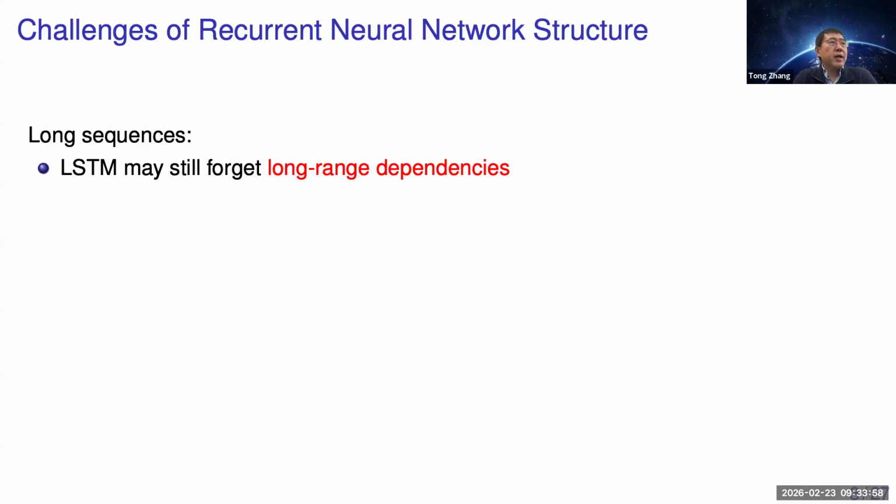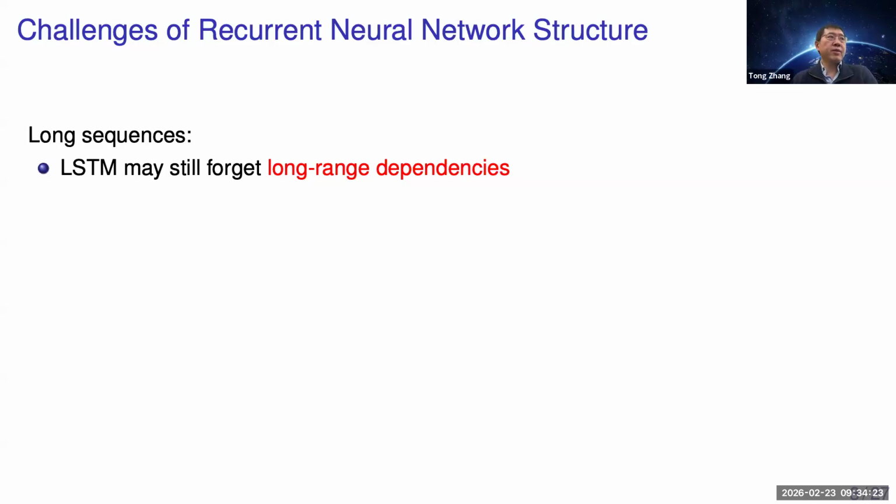There are partial fixes like LSTM, which we talked about. It has long short-term memory, so it is less easy to forget long-range dependencies than the standard RNN. But nevertheless, they still use a bottleneck, still use compression.